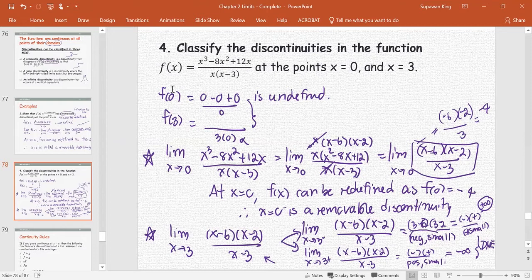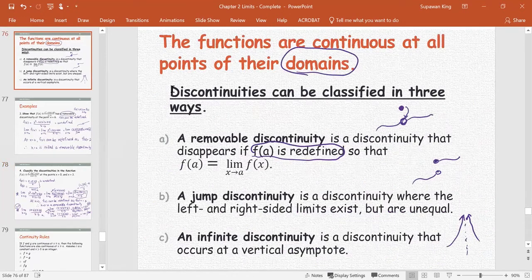So in this case, x equals 3 is not a removable discontinuity. And how about the second case? If you look at the definition of discontinuity, if it's not removable, it's a jump discontinuity, which means the left-hand side is not equal to the right-hand side, and that is the case for this one too. But how about case number 3? It's involving an infinite limit.